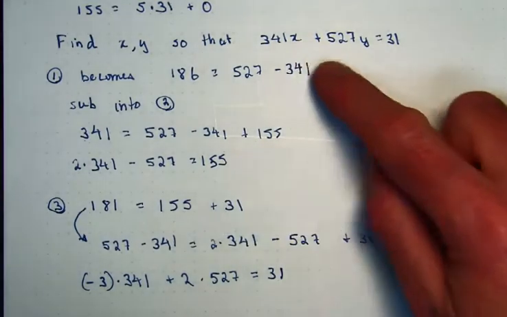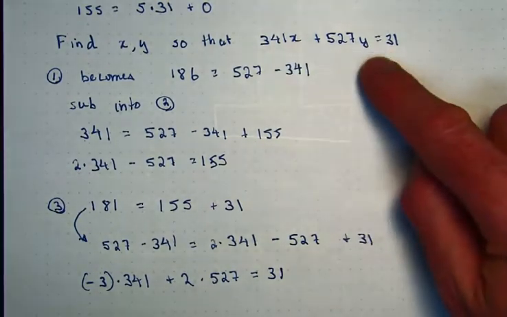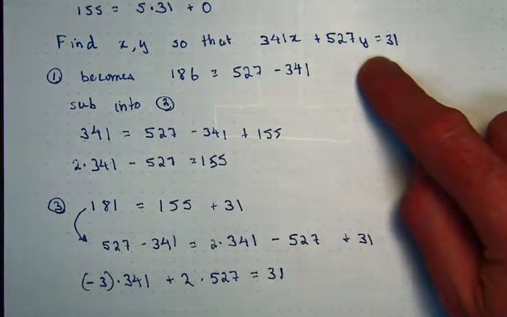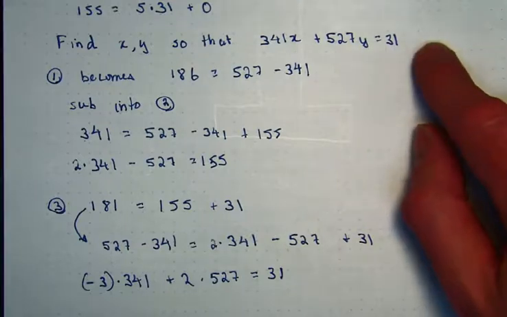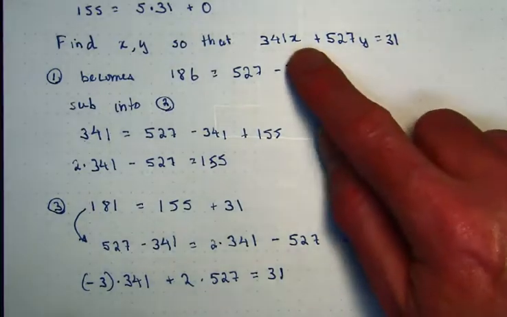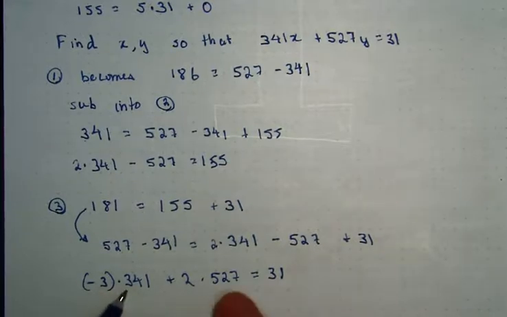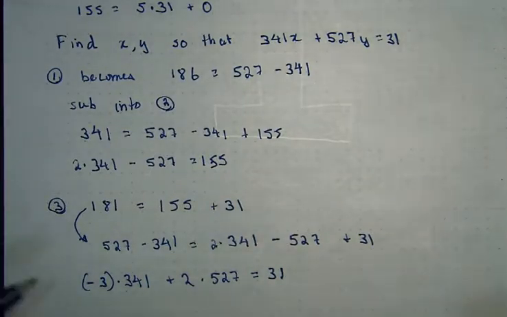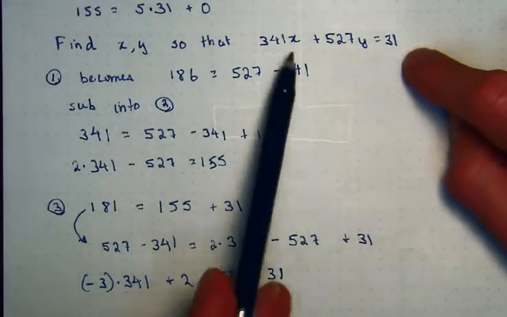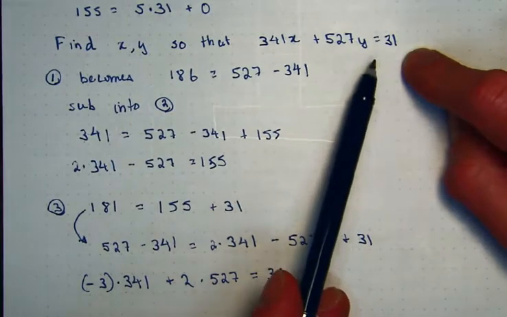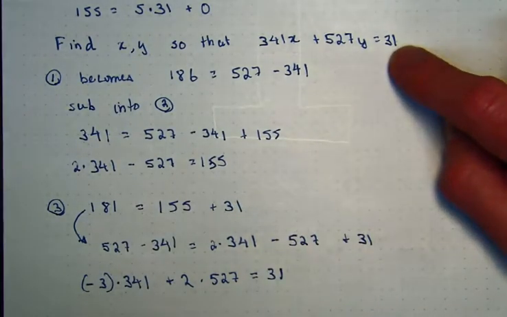So I have found values of x and y that give me the result I'm looking for. If I use x equals negative 3 and y equals 2, then I get my linear combination of 341 and 527 that equals 31.